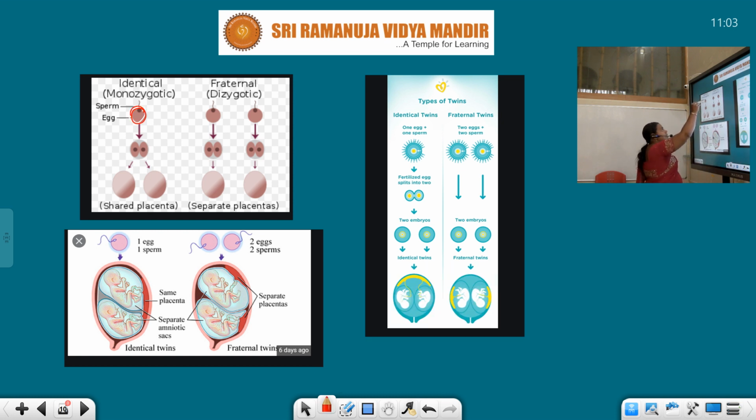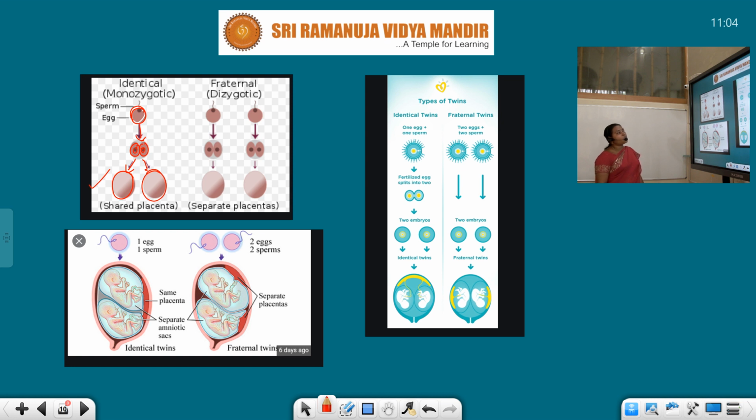Students, this is the zygote. When this zygote splits into two with two different nuclei, these are going to develop into two individuals. They'll be sharing the same placenta, and so here we'll get identical twins.